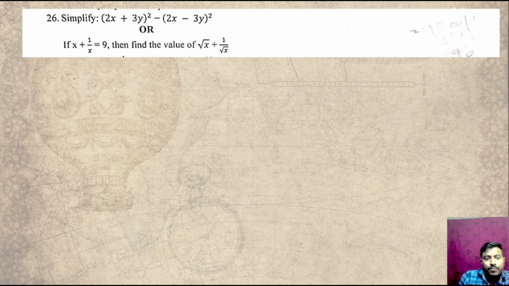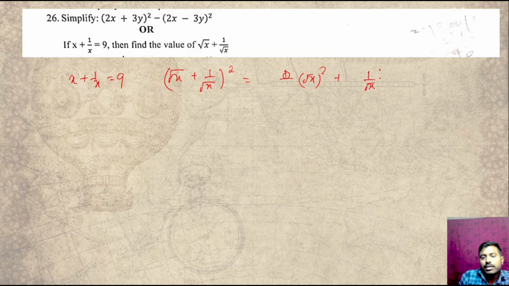x plus 1 by x equals 9. Find root x plus 1 by root x. Okay, then we know that root x plus 1 by root x whole square is equal to root x whole square plus 1 by root x whole square plus 2 into root x into 1 by root x. Yes or no? Then root x cancel.